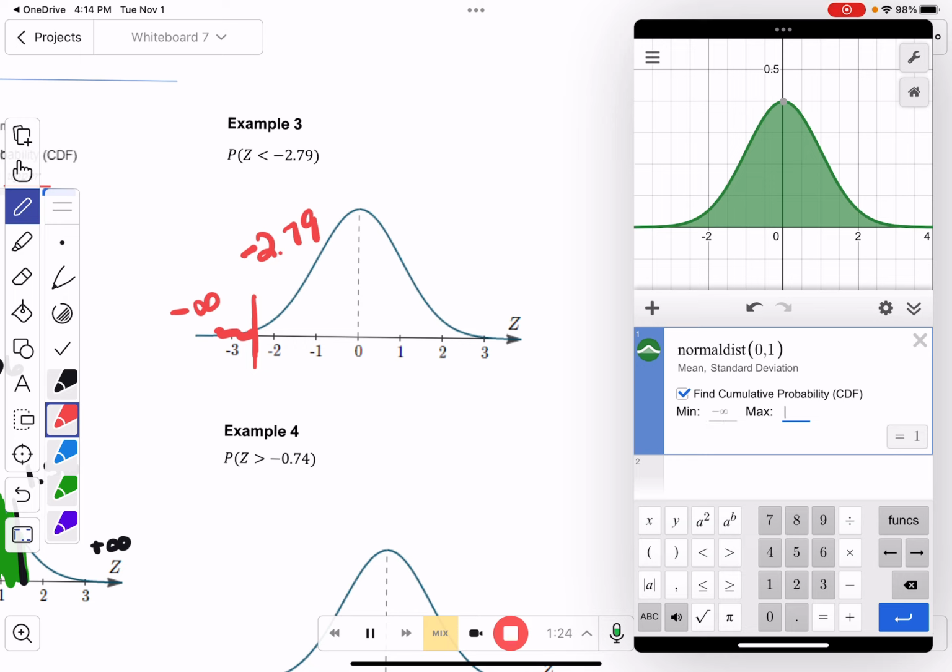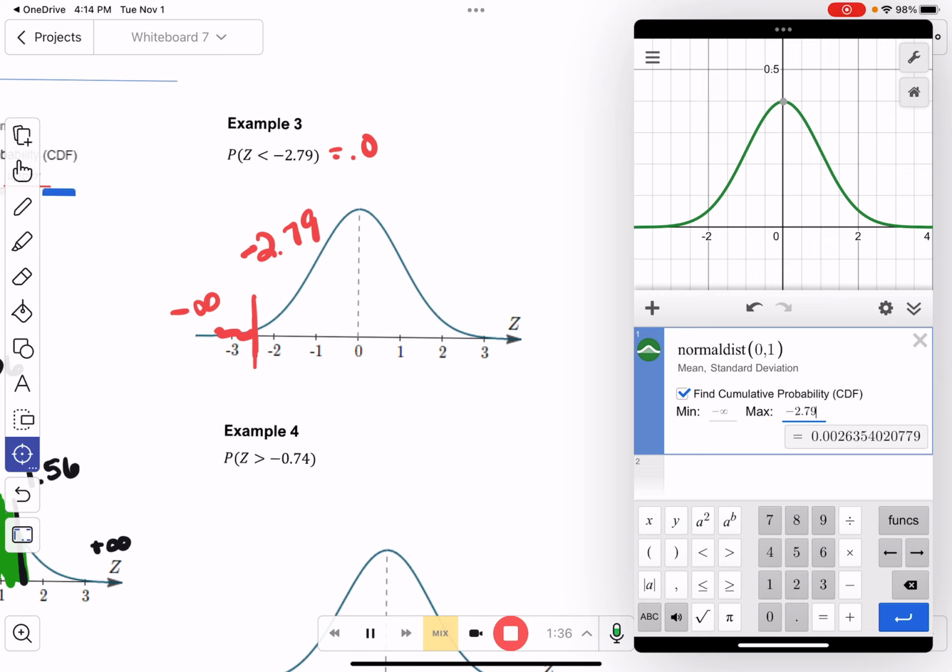So I'll put in negative 2.79 over here. When I do that, notice how small this value is. From our curve, we can see that it should be a very small area. So it's 0.0026.